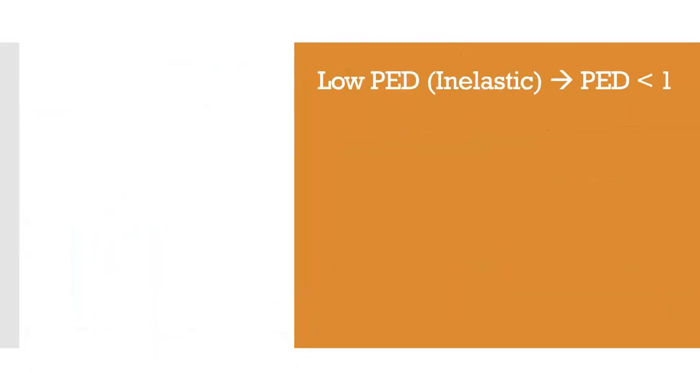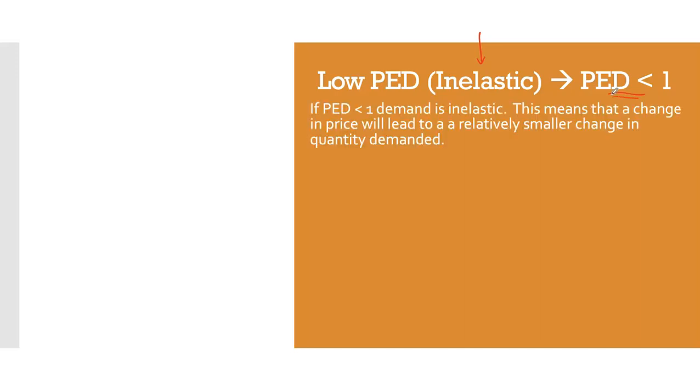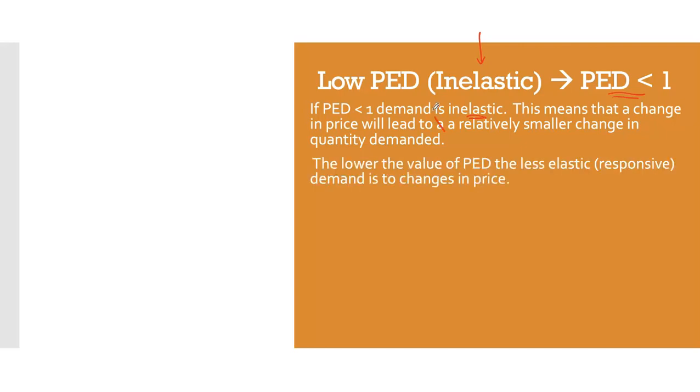Conversely, low price elasticity of demand is going to be called inelastic. This is when our price elasticity of demand is less than 1. If price elasticity of demand is less than 1, we will say it is inelastic. And this means that a change in price will lead to a relatively smaller change in quantity demanded.